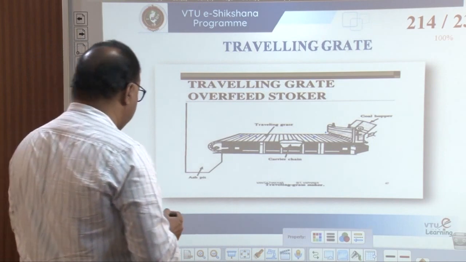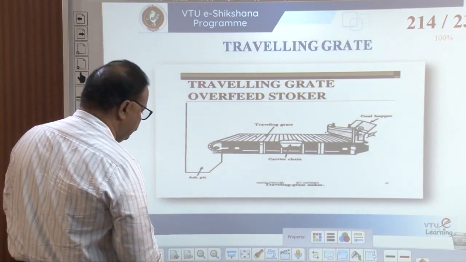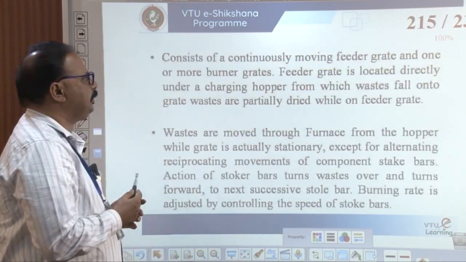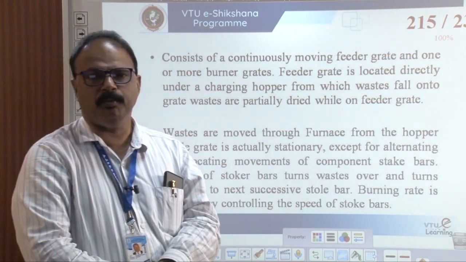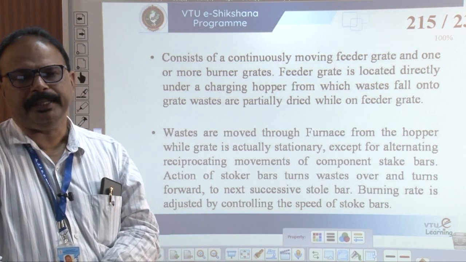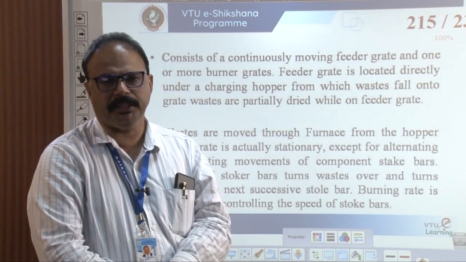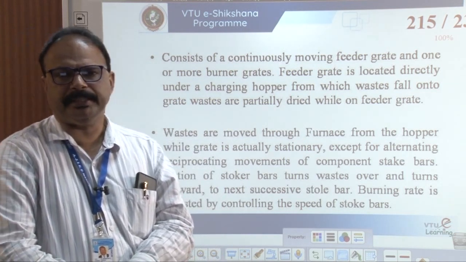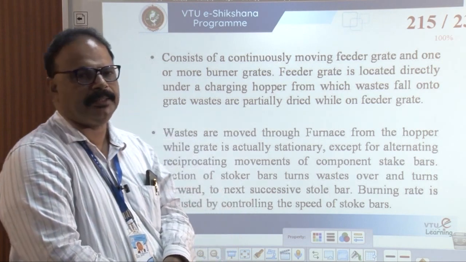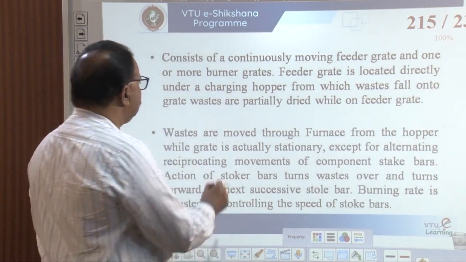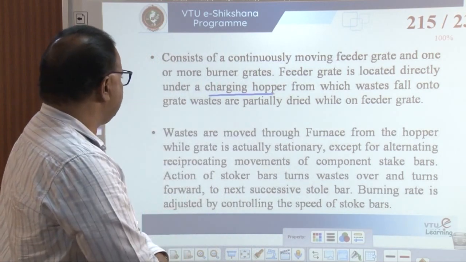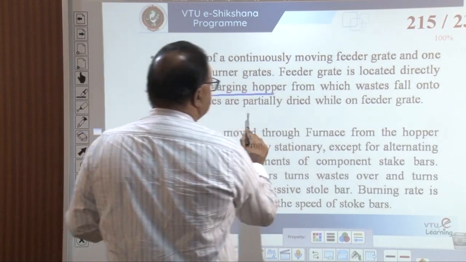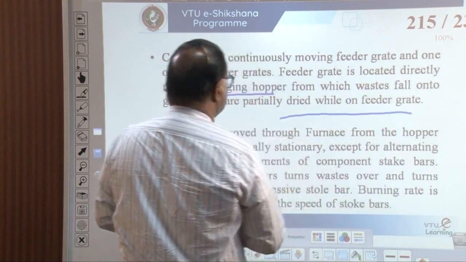Next one, we are using another incinerator. The traveling grate consists of a continual movement of a feeder grate and one more burner grate. The feeder grate is located directly under the charging hopper, from which waste falls to the grate, and the waste is partially dried on the feeder grate.